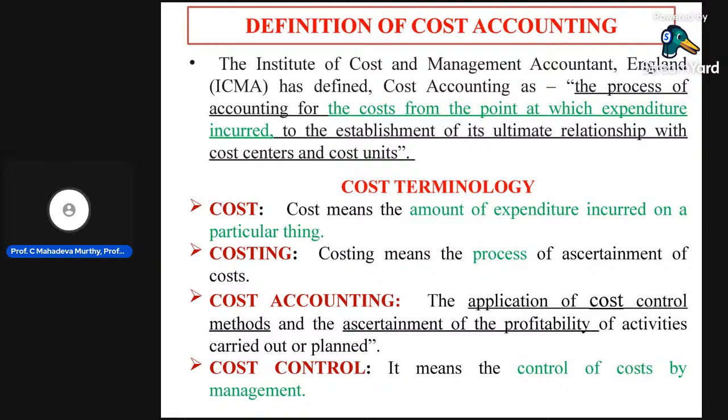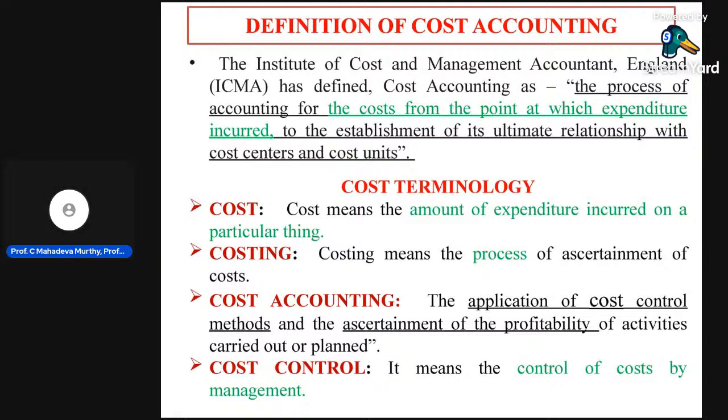With the help of cost accounting we can find that out, and establish the ultimate relationship between the cost centers and the cost units.